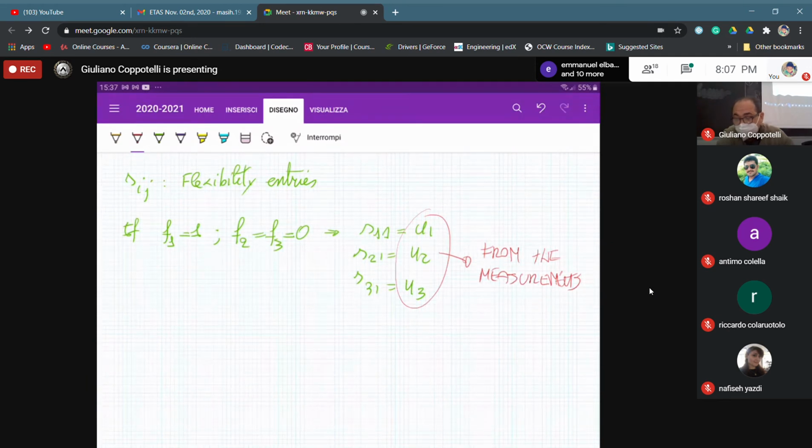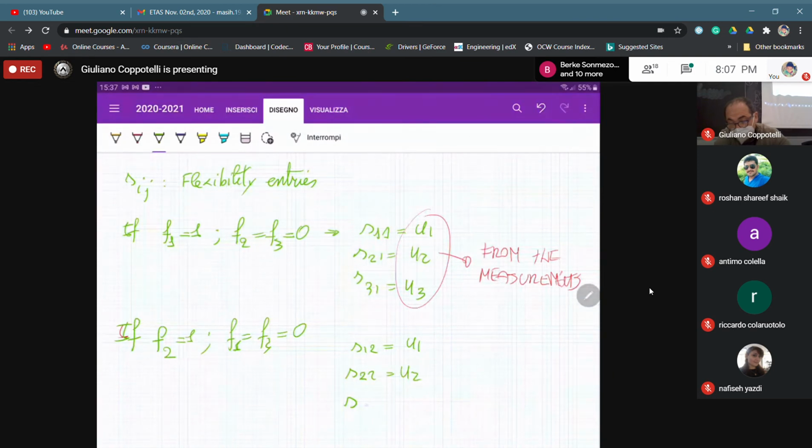In addition, when F2 is unitary and F1 equals F3 equals 0, then S12 is equal to U1, S22 equal to U2, S32 equal to U3.